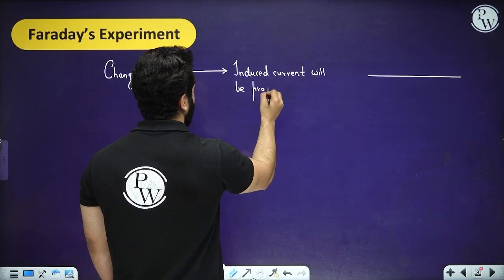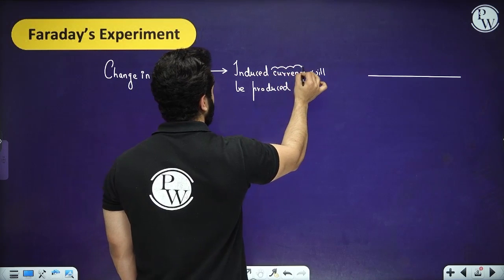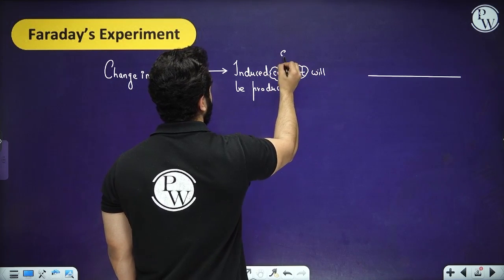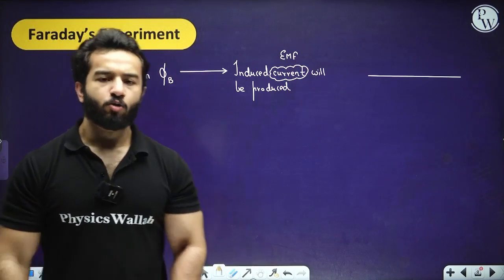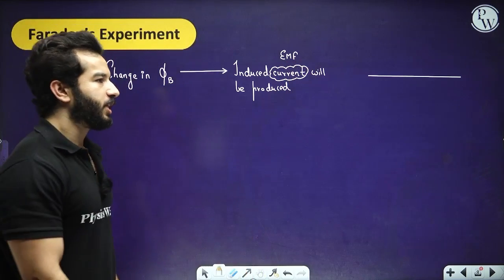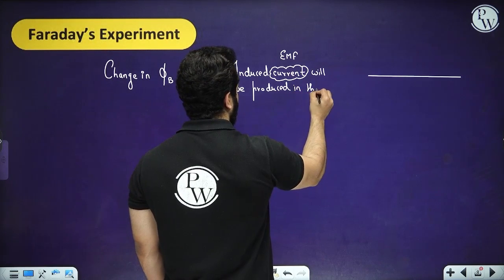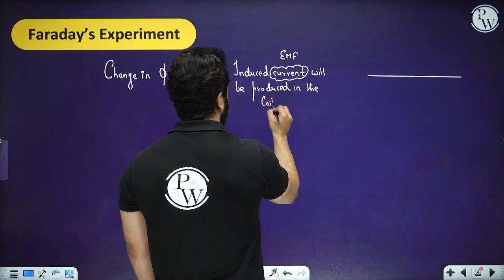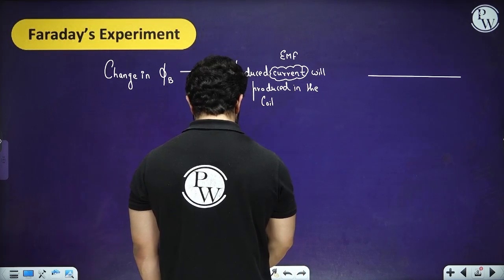And if we have induced current, we can also talk about induced EMF, right? So when we say induced current, we can also say induced EMF, or induced voltage, induced potential difference, will be produced in the coil or conductor. You can just write in the coil.